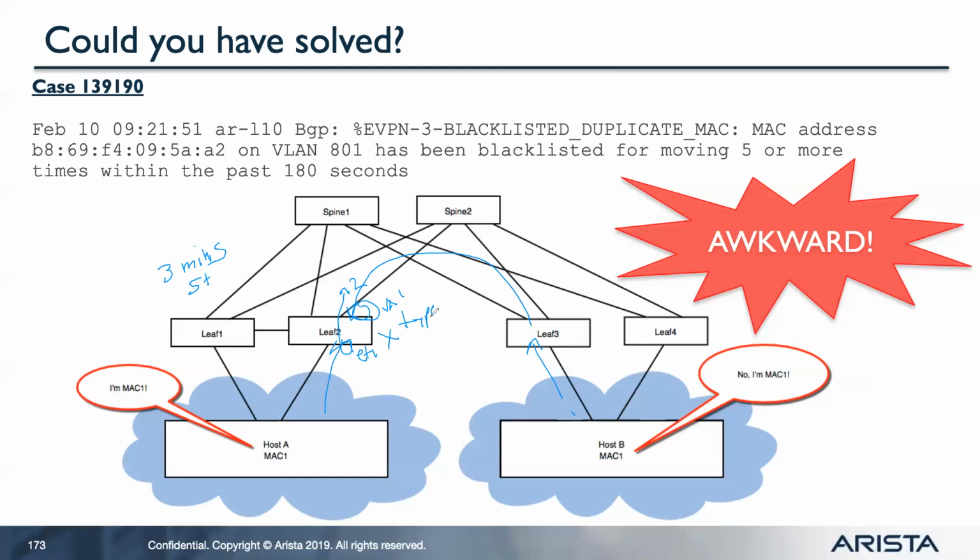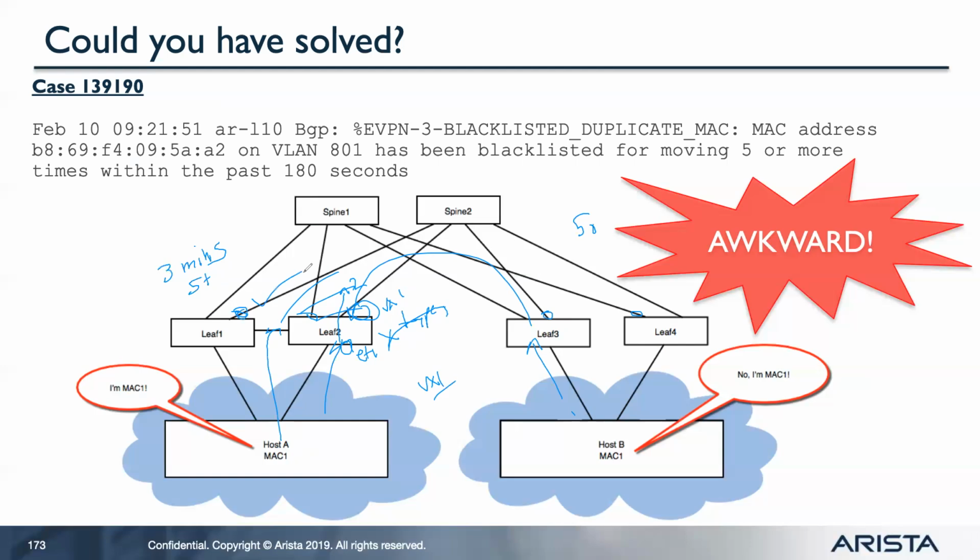So what happens? Because it has blacklisted, now you will not see the MAC learned on this. The type 2 route is not updated, so basically you don't have that MAC learned over VX1. So whenever traffic comes for that MAC, you will flood that traffic. The overall effect will be, if you have 50 VTEPs, you flood that traffic to 50 VTEPs, and basically your uplink gets congested.